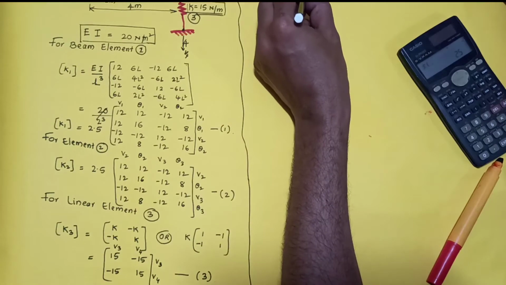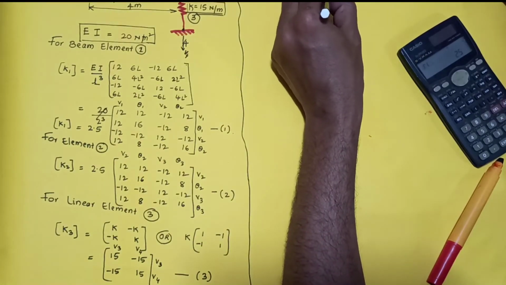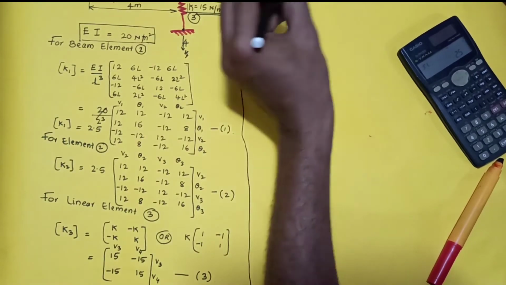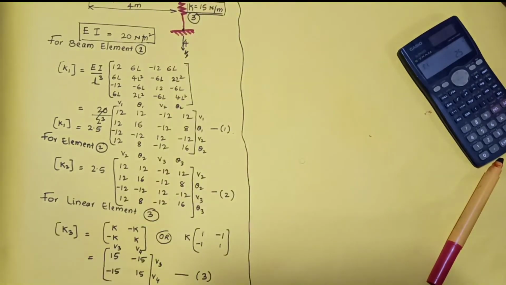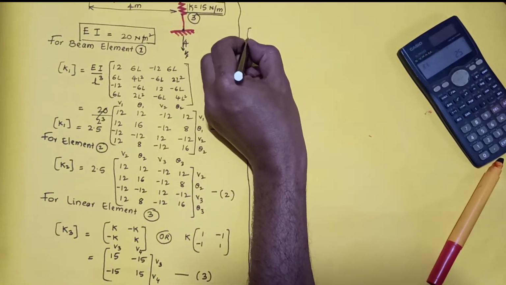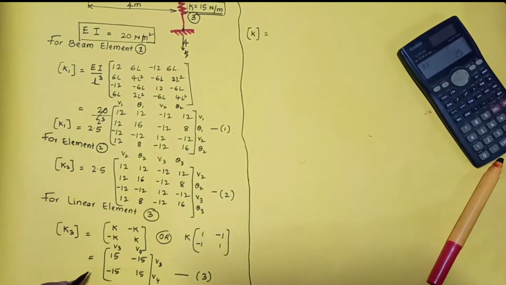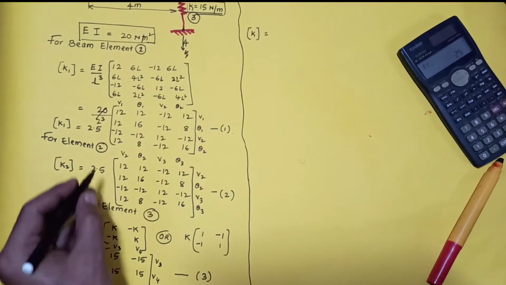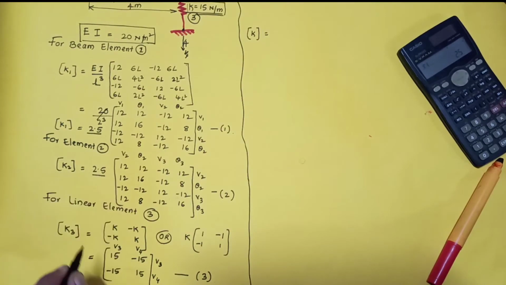So the global stiffness matrix is k equal to k1 plus k2 plus k3. What can we see outside the matrix here? Here we can see 2.5, 2.5, but here we have 15.